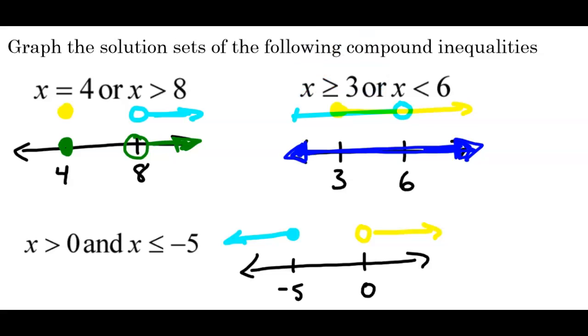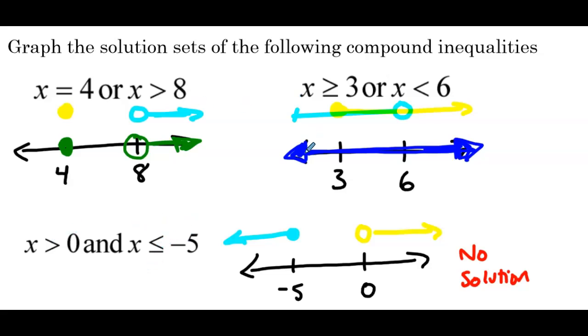It's an and compound inequality, so we're looking for where they intersect. Well, we didn't get any green. The highlighters never overlapped. No intersection. So we don't shade anything on the number line. And just so we're clear here, and we don't think that I forgot, this would have no solution. There is no value that can make both of these inequalities true at the same time.